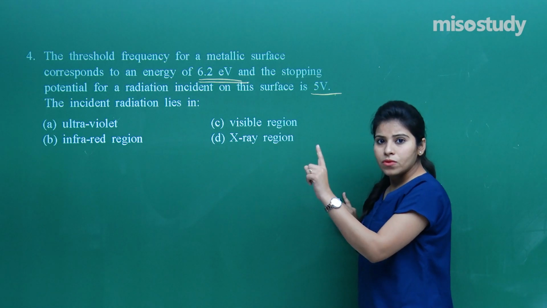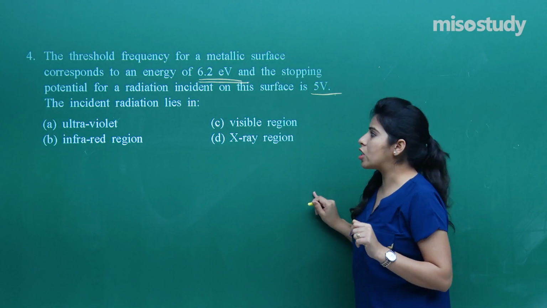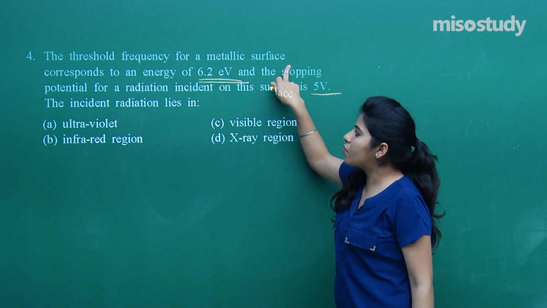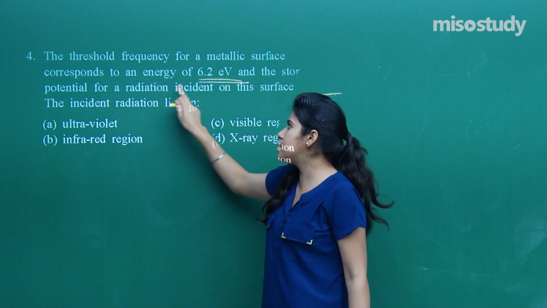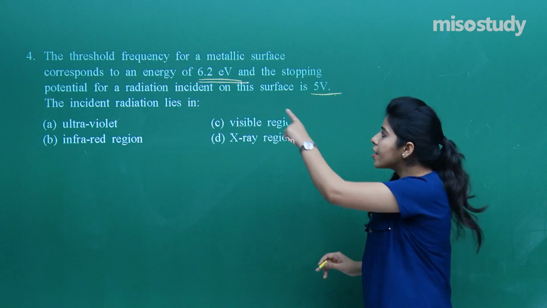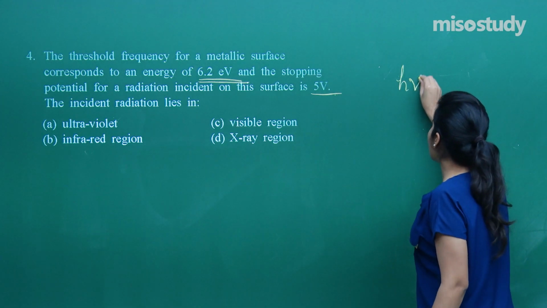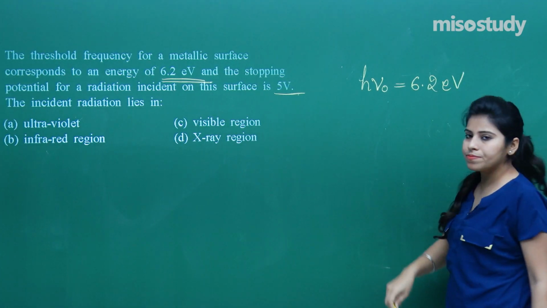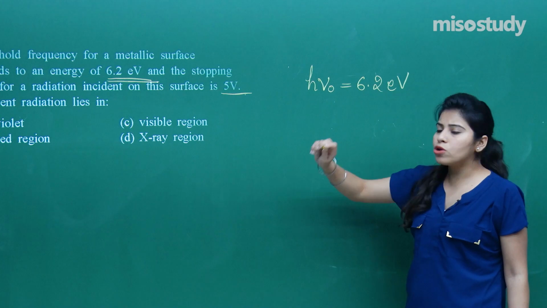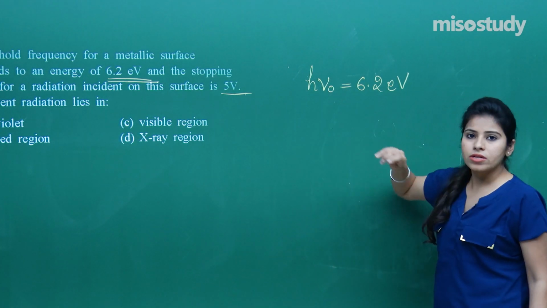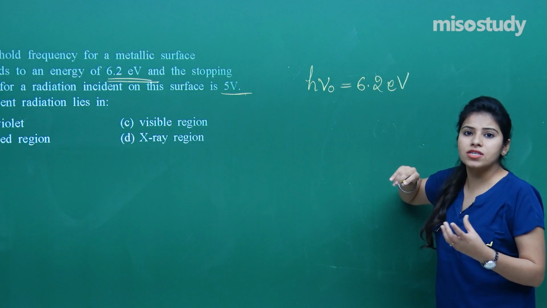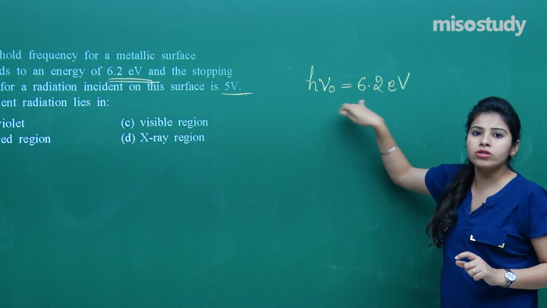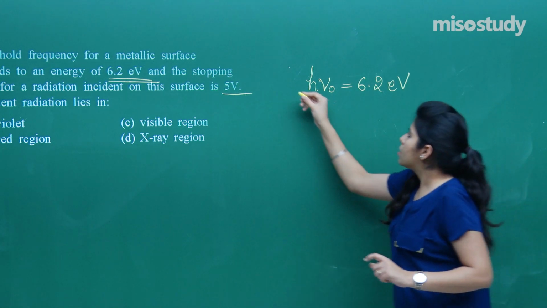First of all, the threshold frequency for a metallic surface corresponds to this energy. That means I can write this energy as h nu naught equals 6.2 electron volt, because the threshold frequency is nu naught, and it corresponds to this much energy. So I can write h nu naught equals this.